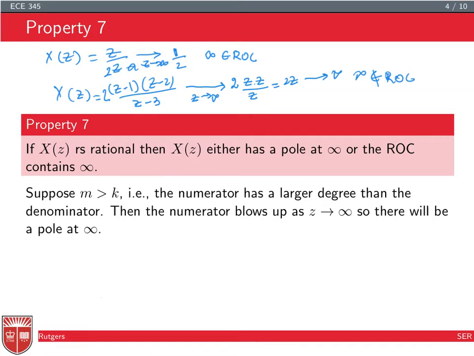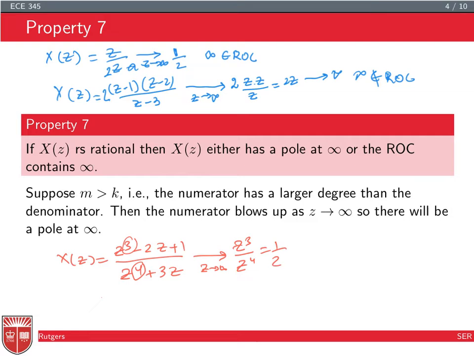Let's take X(z) equal to z cubed minus 2z plus 1 divided by z to the fourth plus 3z. You can see here that the degree of the numerator is 3 and the degree of the denominator is 4. So this is going to converge when z goes to infinity, because it acts like z cubed, since you pick the highest degrees, divided by z to the fourth, which is 1 over z, which goes to 0.